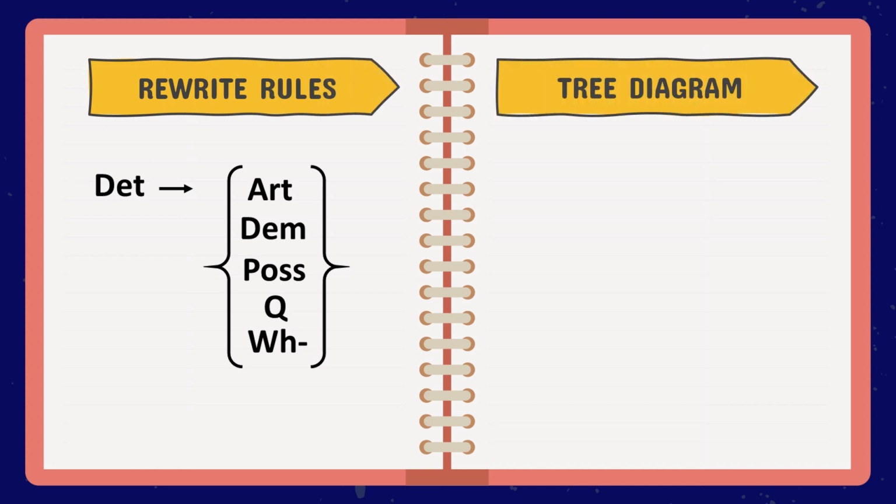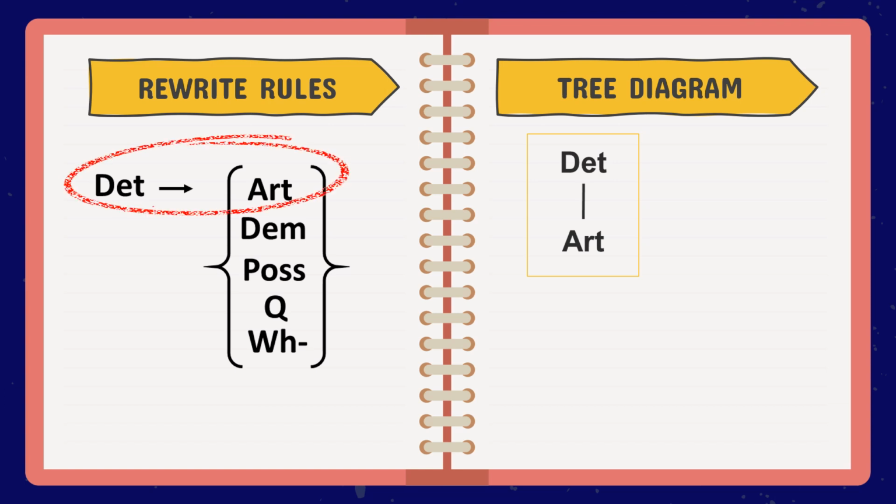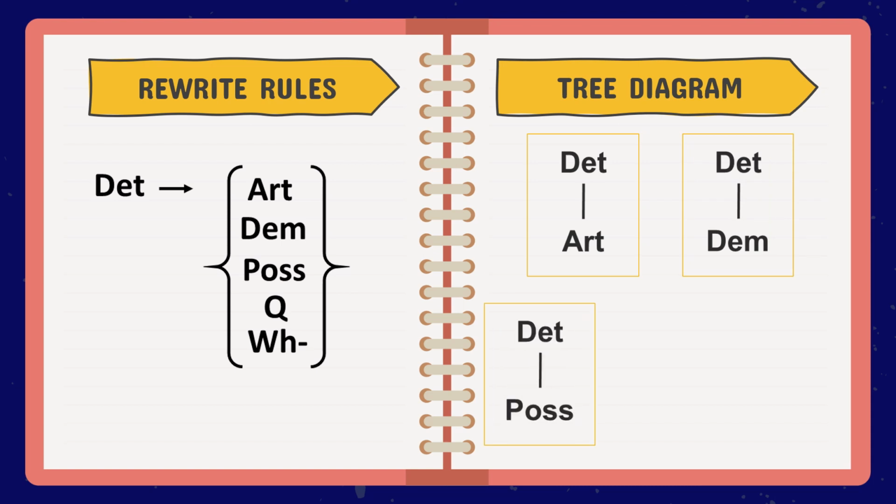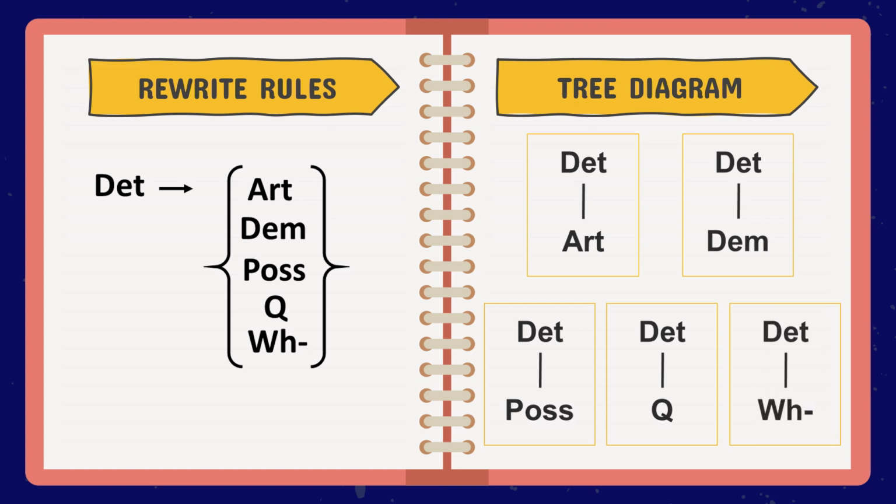To expand our determiner, we have to follow the following phrase structure rules. The determiner consists of an article. It also consists of a demonstrative, and it also consists of a possessive pronoun, and a determiner consists of a quantifier, and lastly, a determiner consists of WH questions.